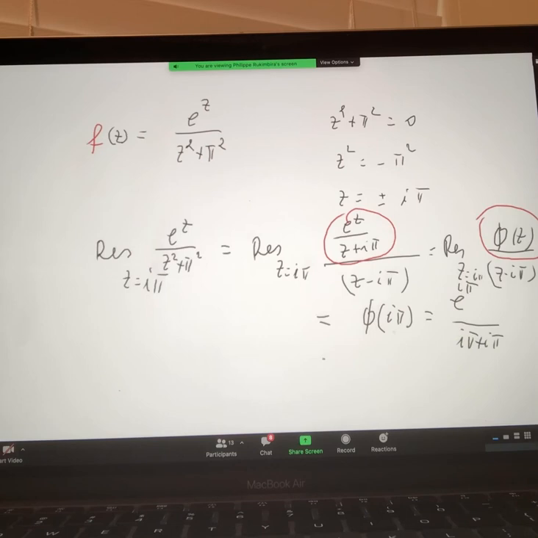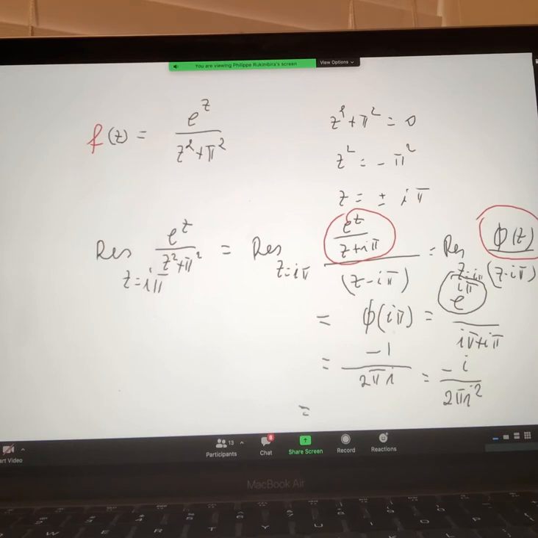So e to the i pi, you should know this is -1, and 2 pi i, we just put in the standard form of a complex number: minus 1 over 2 pi i. You just multiply by i on both numerator and denominator.